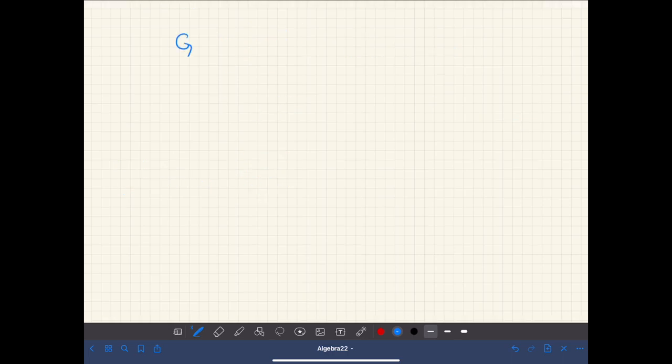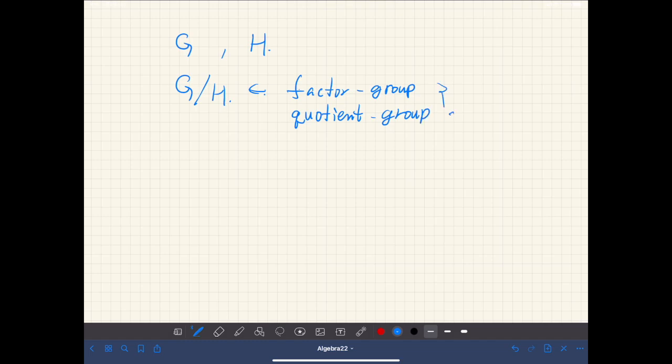So in general, if we have a group G and its normal subgroup H, then we can define another group G by H, and this group is called a factor group, or some people prefer to call it quotient group, of G by H. Okay, so this is like a division of groups. So dividing G by H in a sense.